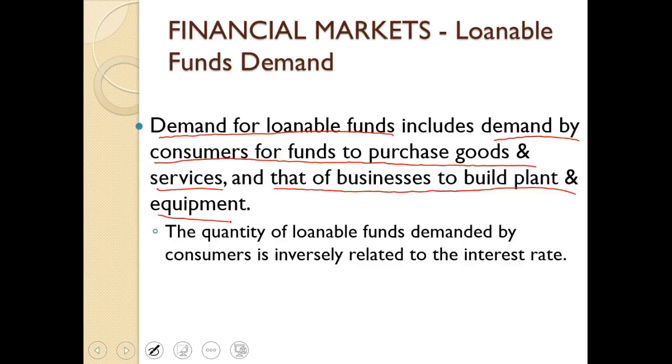Why? Because you can receive a higher return on it. But if you're demanding loanable funds, if you're the person that is actually having to take out the loan, you actually want a lower interest rate. So the quantity of loanable funds demanded by consumers is inversely related to the interest rate.